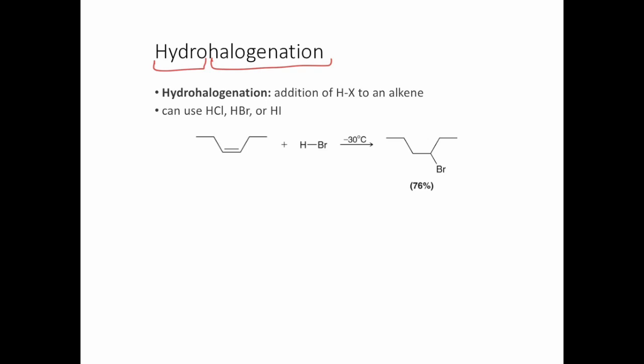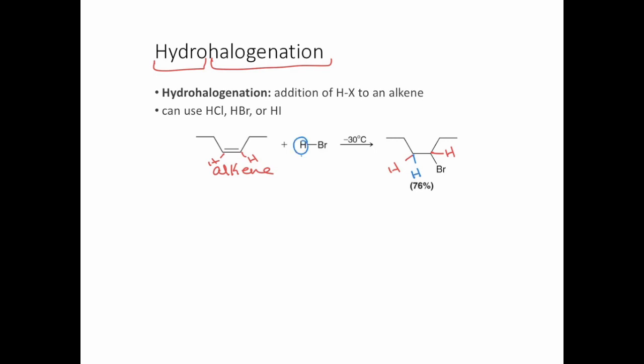So here we're starting with an alkene starting material, and we're ending up with a new carbon-hydrogen bond and a new carbon-bromine bond. So if I put my hydrogens in here, my new carbon-hydrogen bond I can draw in here.